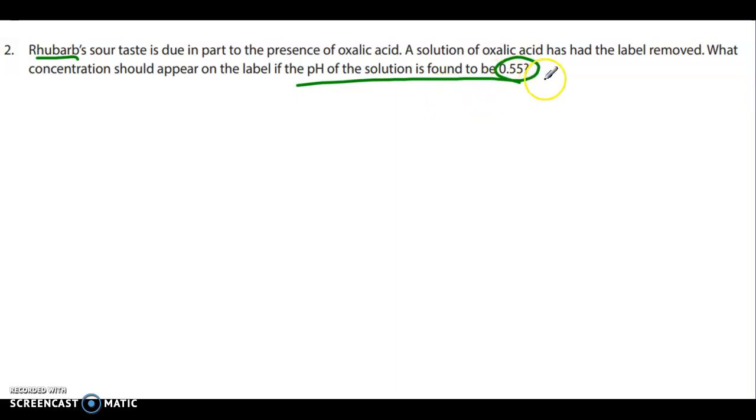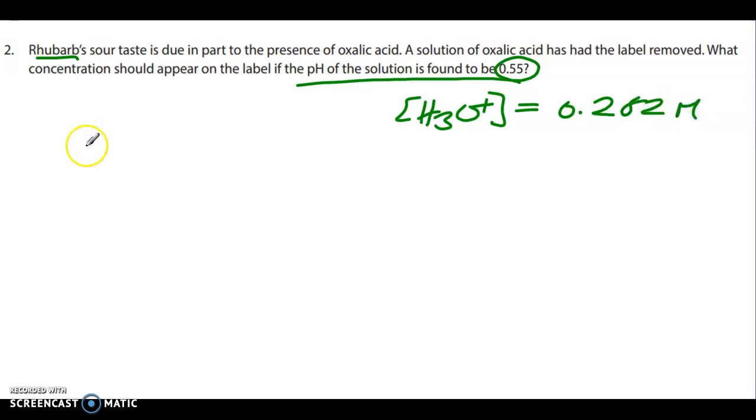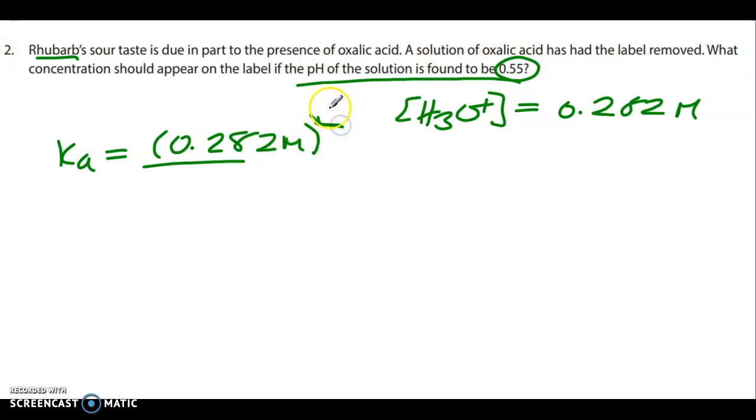But because of that pH value, the hydronium concentration at equilibrium should be 0.282 moles per liter. So what ends up happening is if we set up a Ka expression, it's going to be this value squared, 0.282 squared, and then we're going to have x minus 0.282.